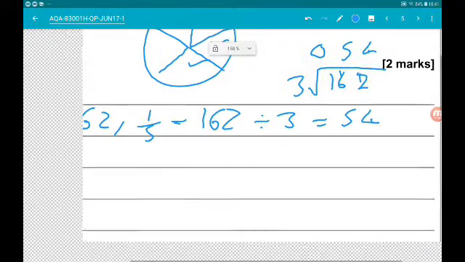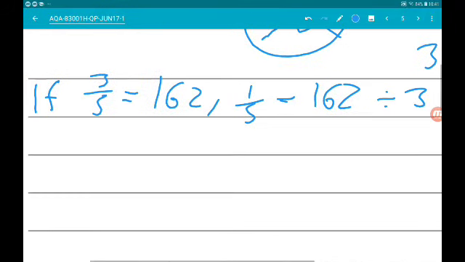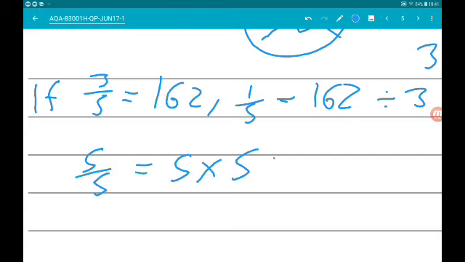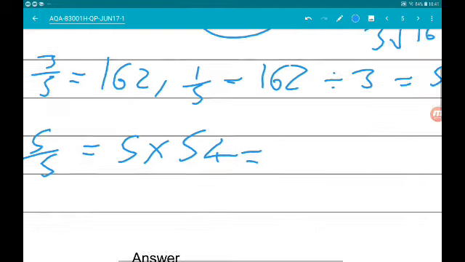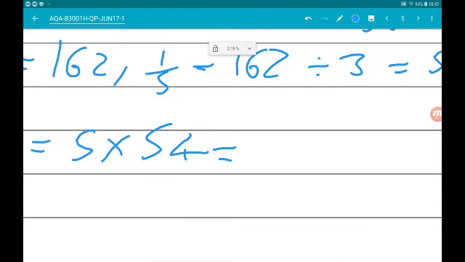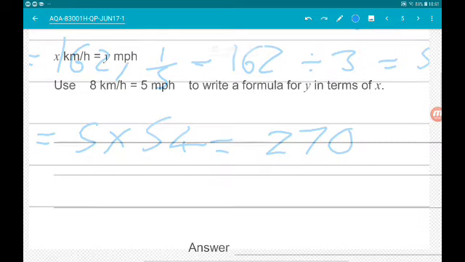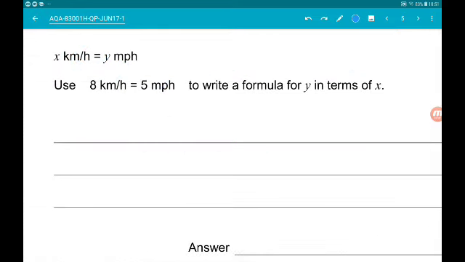So 5/5 is 5 times 54. 5 times 50 is 250. 5 times 4 is 20. So that's going to give us 270. Cool.